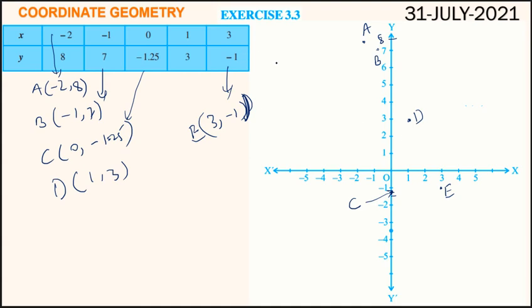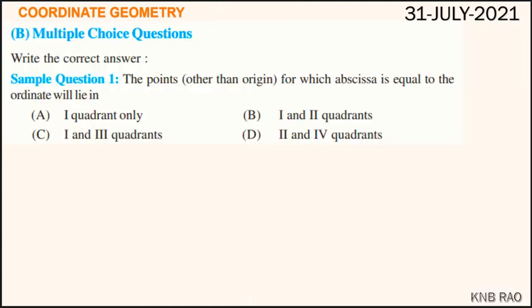Now with this, children, I have completed the exercise questions of 3.3 and the whole set of questions from the textbook in this chapter, coordinate geometry. Hereafter I move on to the exemplar questions from the same chapter. We have varieties of questions given in the exemplar problems book of NCERT.